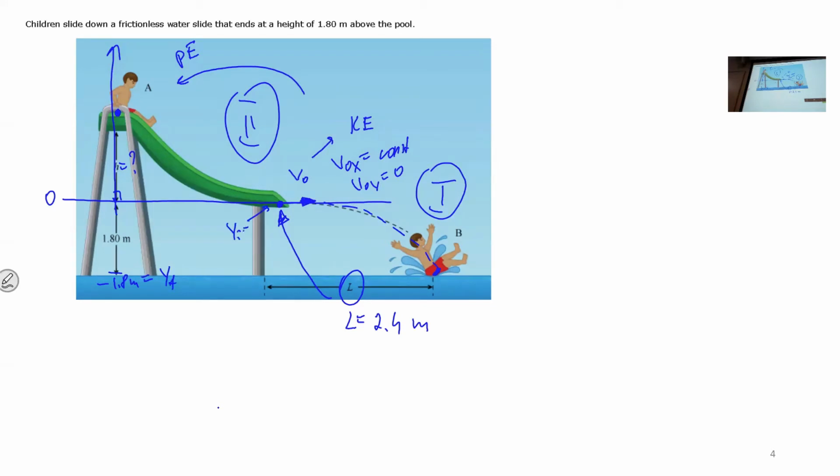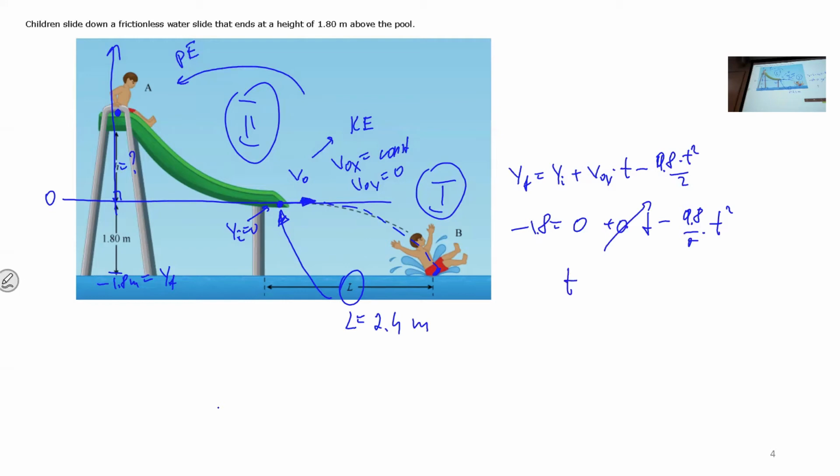This is y initial. So y final equals y initial plus initial velocity relative to y component, negative, well, 9.8 times t squared over 2. Negative 1.8 equals 0 plus 0 times time minus 9.8 over 2 times t squared. That will give you time.